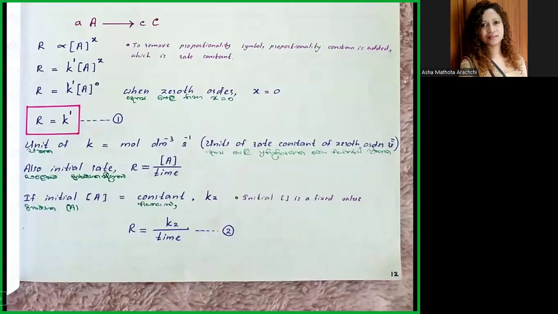Then again, initial rate equals concentration divided by time. But we can make the initial rate constant, so instead of writing A, the initial concentration is constant. So the rate equals what? It equals like this one.